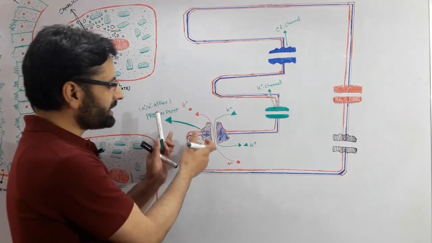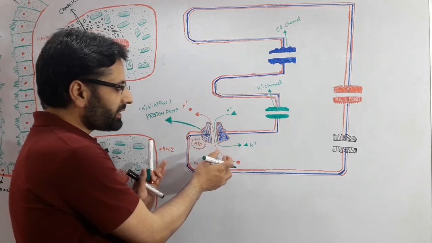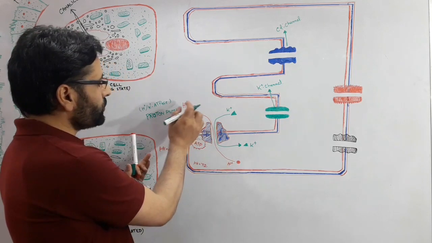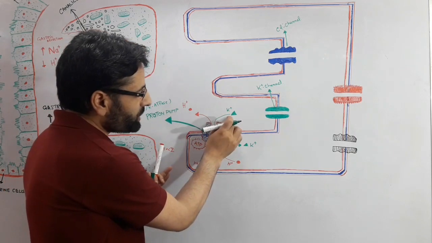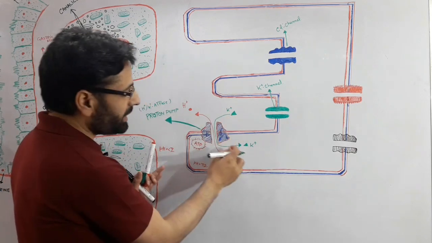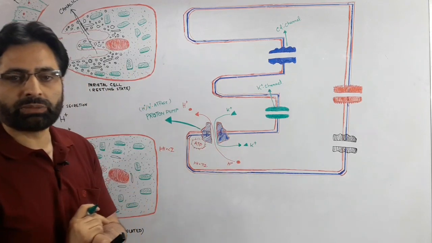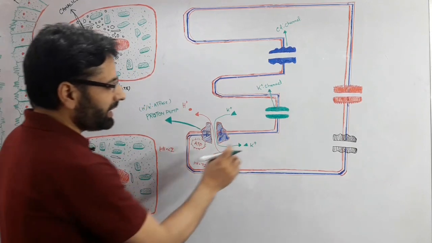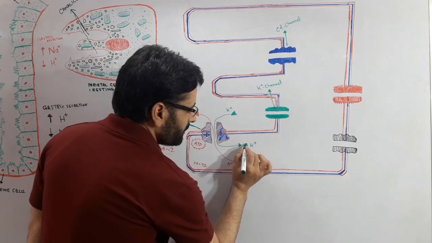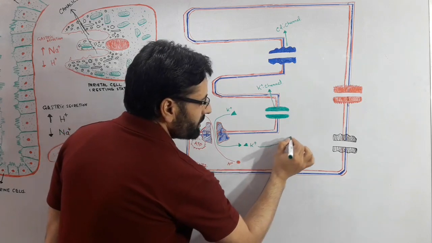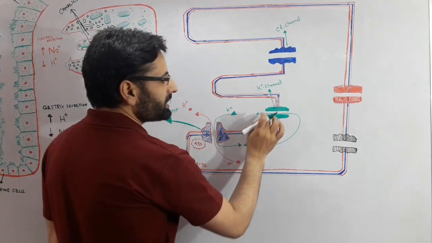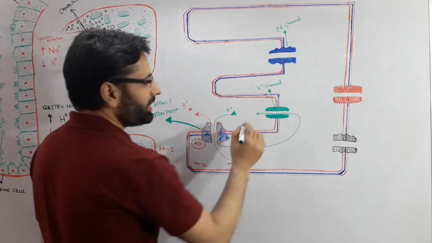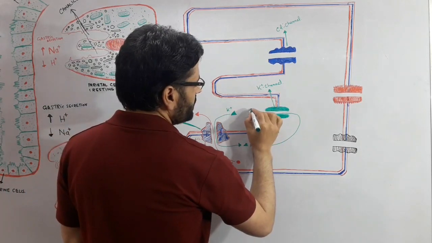By utilizing one ATP molecule, it transfers this H positive ion towards the luminal side and simultaneously transfers this potassium ion from the luminal side towards the cytoplasm of the cell. And here this potassium ion transfers back into the luminal side through this potassium channel, and it gets transferred passively.